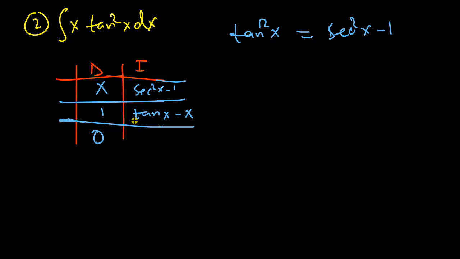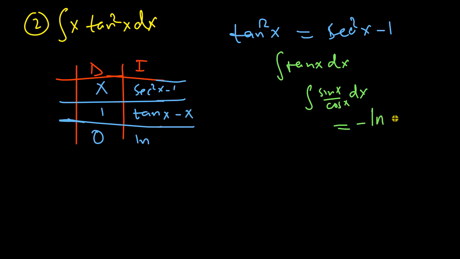The integral of tan x, that's the natural log. I'll just show you this in a moment. The integral of tan x dx is actually the integral of sine x divided by cos x dx. Now you notice here that the numerator is a derivative of the denominator, so that's negative natural log of cos x.